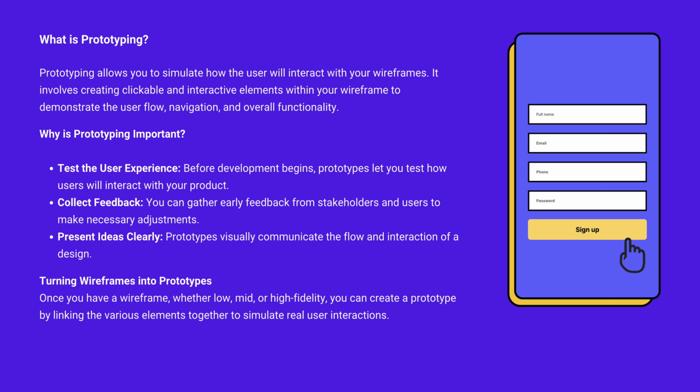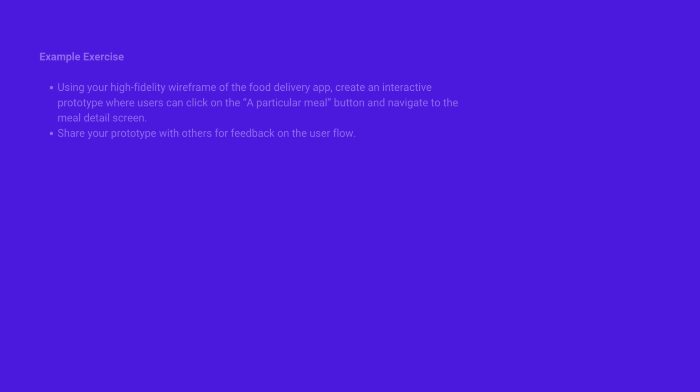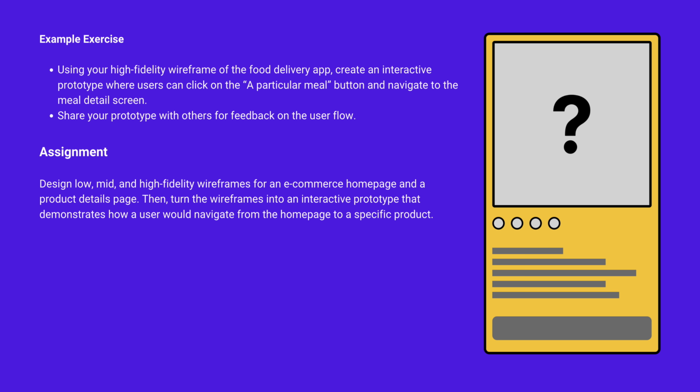We can use prototyping to test the user experience, and we can also use that to collect feedback from stakeholders as well as the users. We can use prototypes to present ideas clearly. Then how can you convert your wireframes into prototypes? So once you have your wireframes created, regardless of the type, we can just convert them by linking each of the prototypes to a different page on the app. So let's see the task for this section and we can move back to Figma.